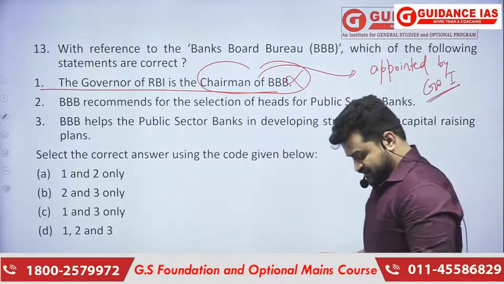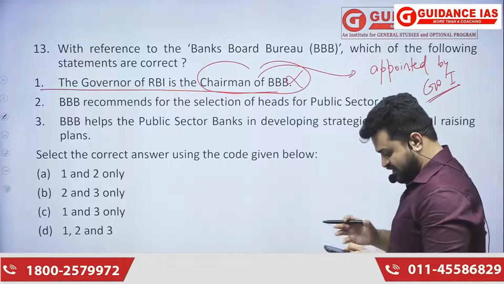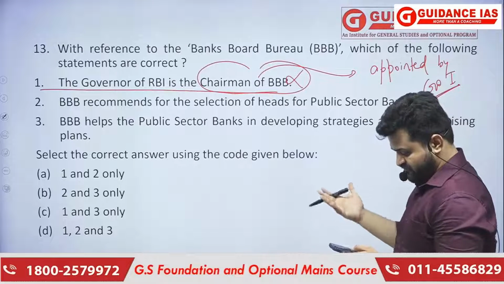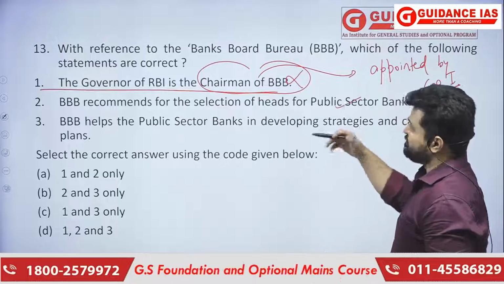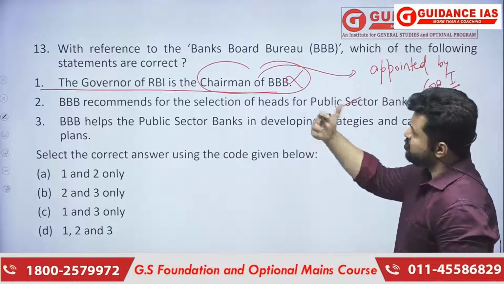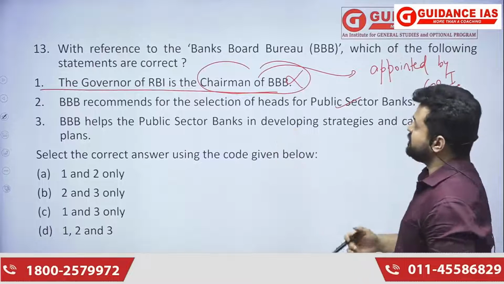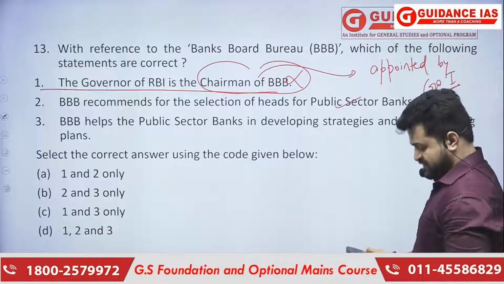Okay, then the second statement is BBB recommends for the selection of heads for the public sector banks. That statement is correct. Actually, BBB was set up only to improve the functioning of public sector banks.